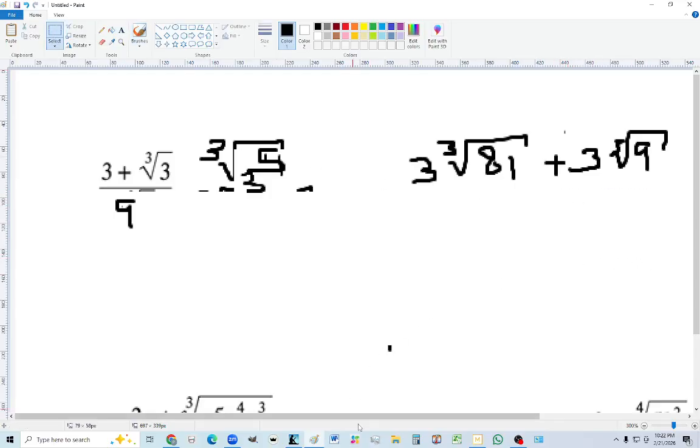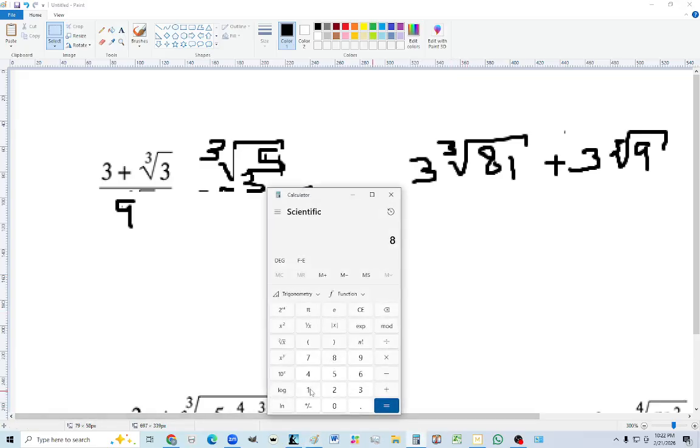Okay. Actually, I think cube root of 81 might exist too. No, it doesn't. But 27 does have a cube root. Oops, 9 times 9... 3 times 3 times 3 is 27.